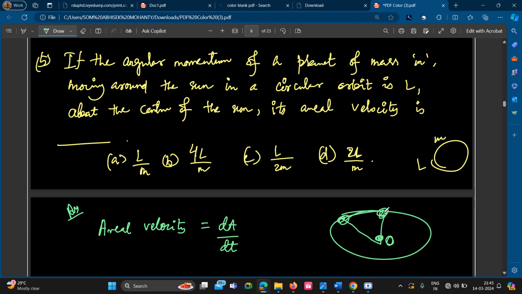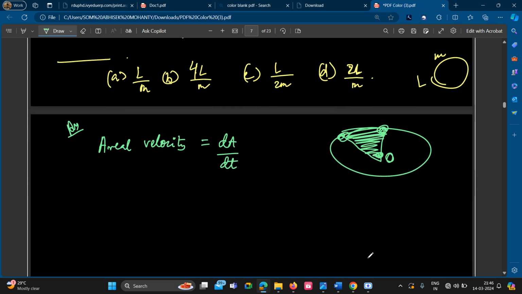The amount of area it covers through its motion per unit time is your areal velocity. So dA by dt. Can you tell me what dA is? dA is actually half r square d theta. This is the formula you have to remember.